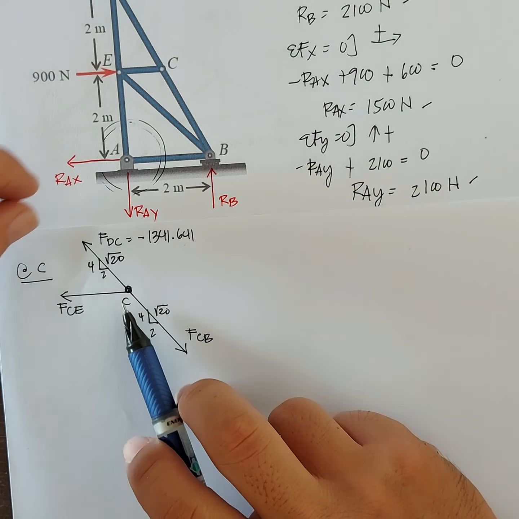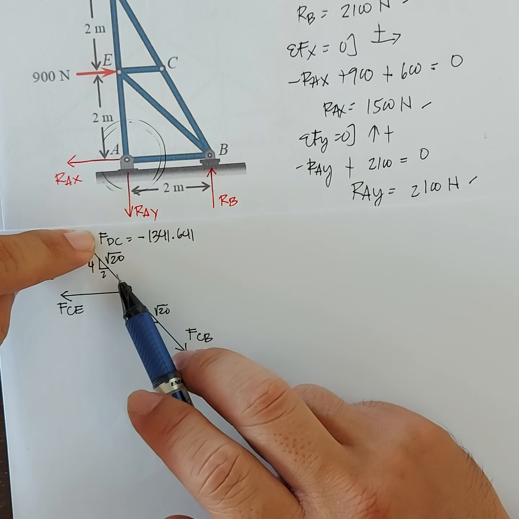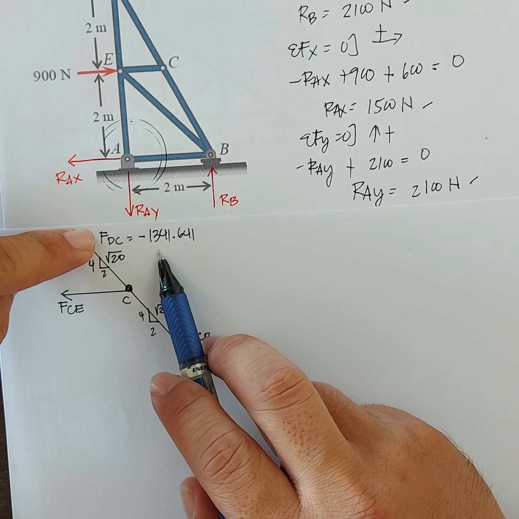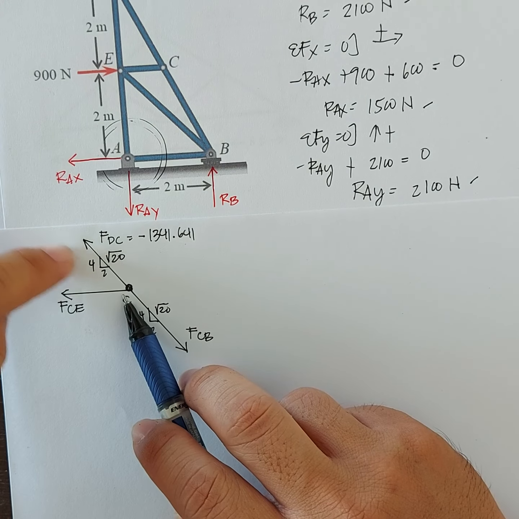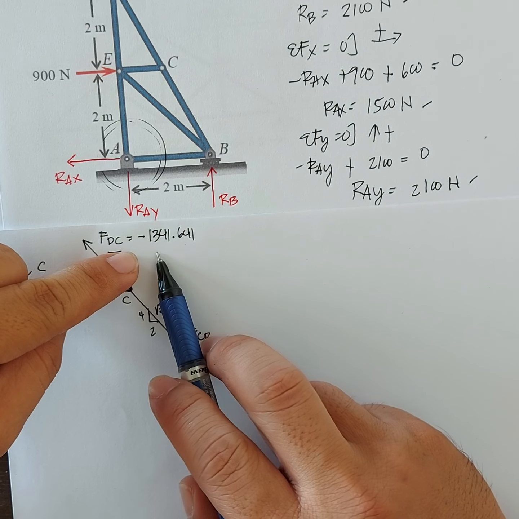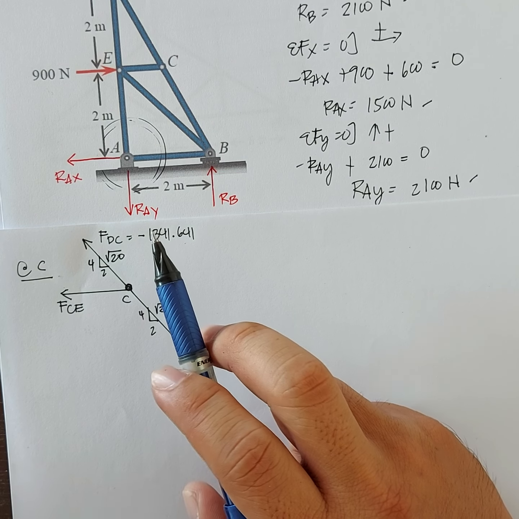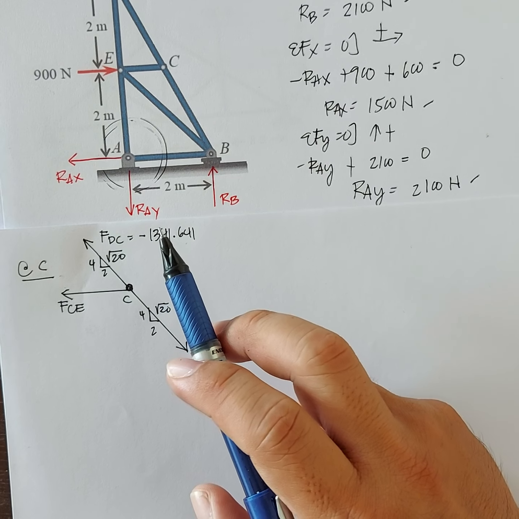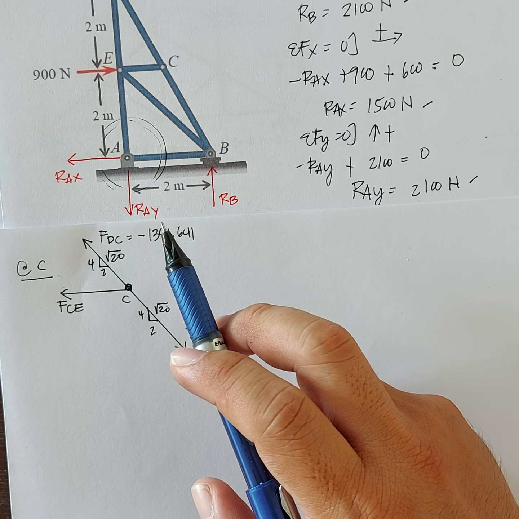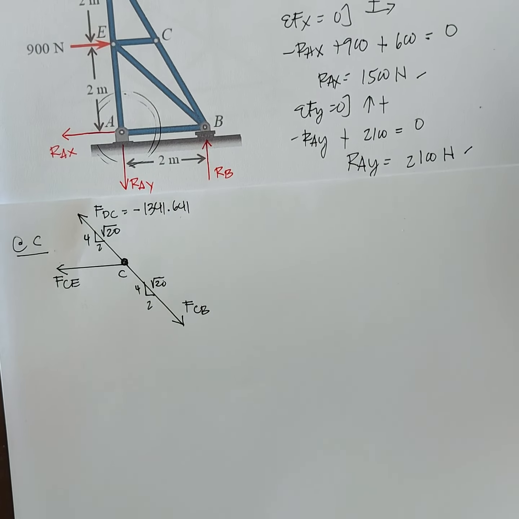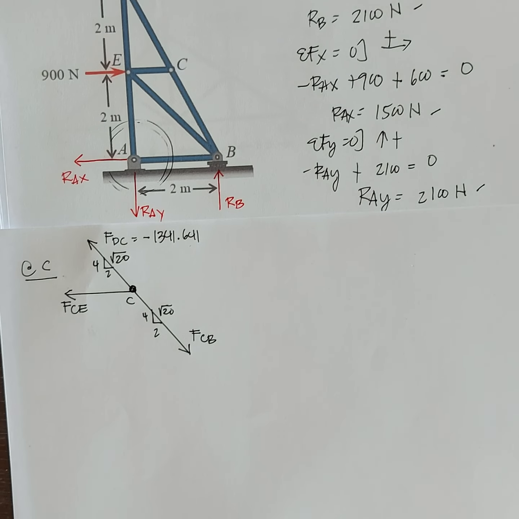Again, compression sana yung FDC. Pero pag binaliktad nyo yung arrow at ginanon nyo siya, gawin nyo na lang positive ito. Pero pag in-assume nyo pa rin na tension siya, dapat gawin yung negative yan. Okay, yung force natin. Pero sa ako kasi, para hindi ako malito sa analysis, I don't know sa inyo kung anong gusto nyong mangyari.